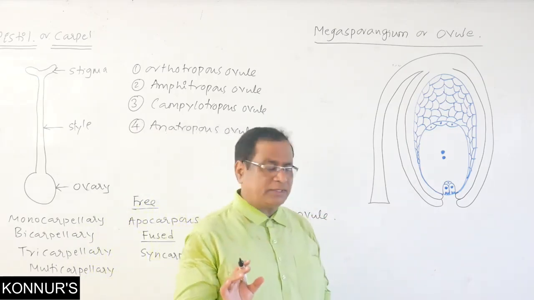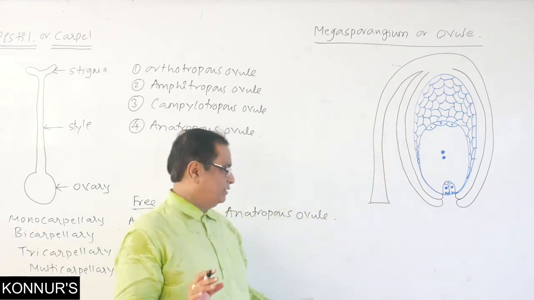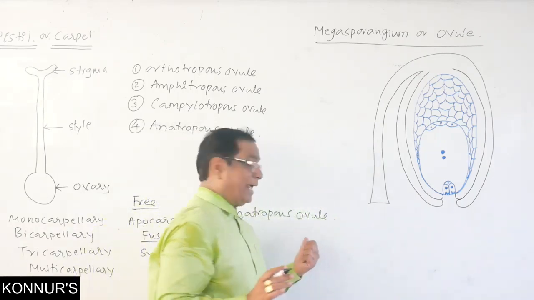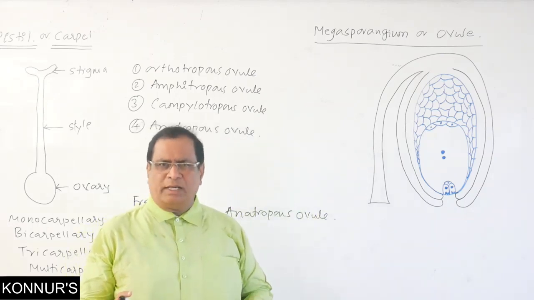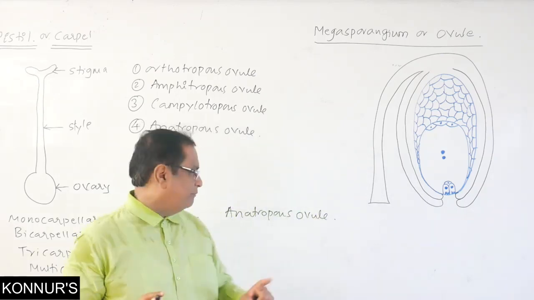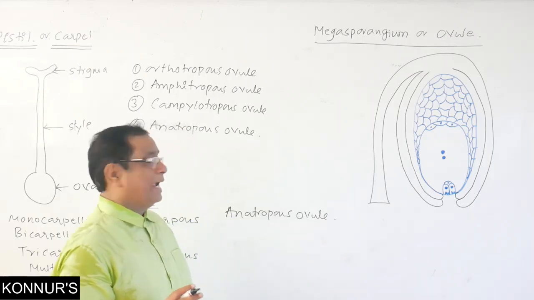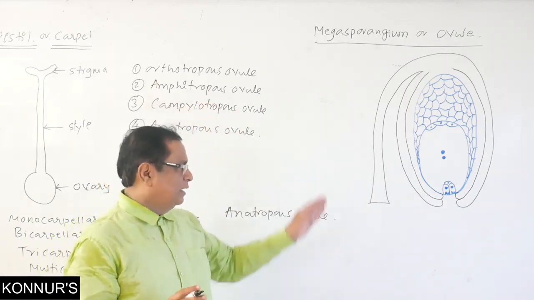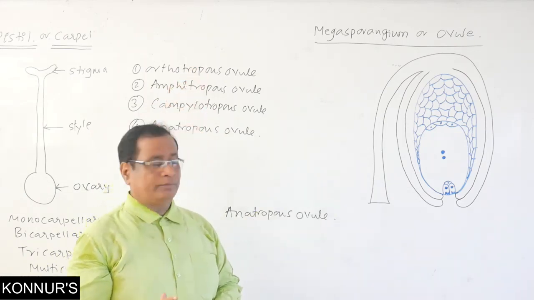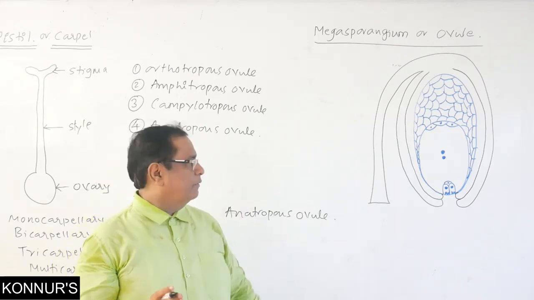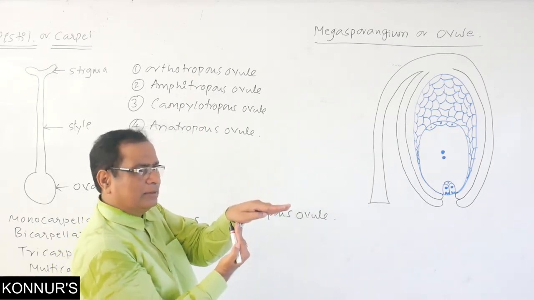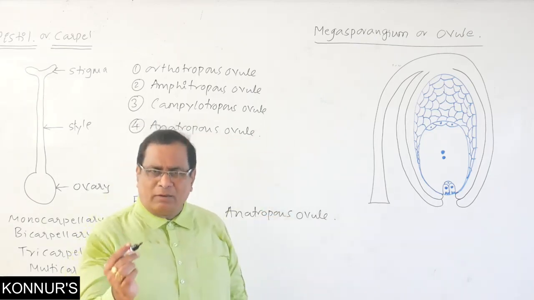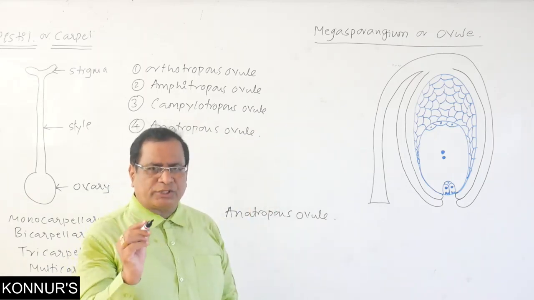In addition to the anatropous ovule, we have totally 4 types, but in 80% of plants the anatropous ovule is there, and the remaining 3 are: orthotropous ovule, where the ovule is straight; amphitropous ovule, where the ovule body and funicle are at right angles to each other; and campylotropous ovule, which looks horseshoe shaped.